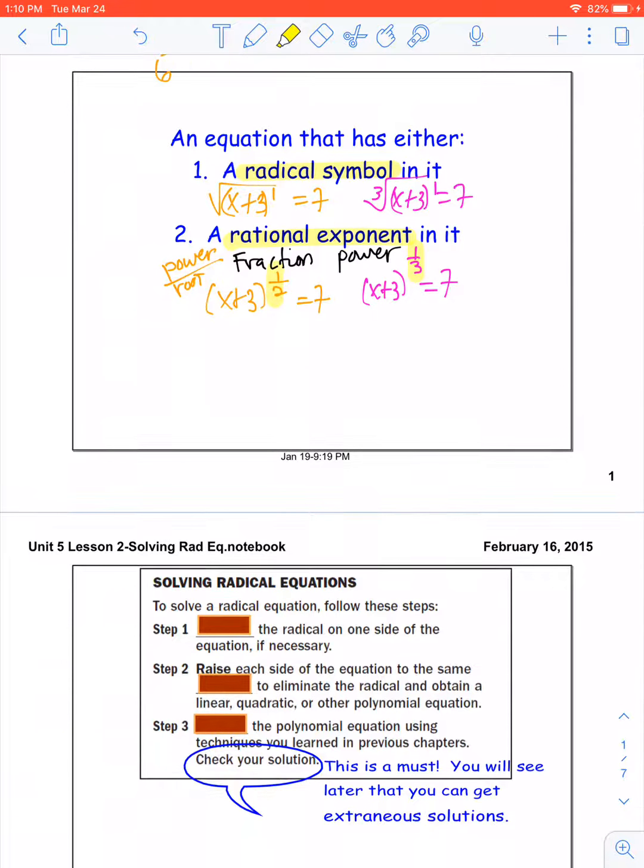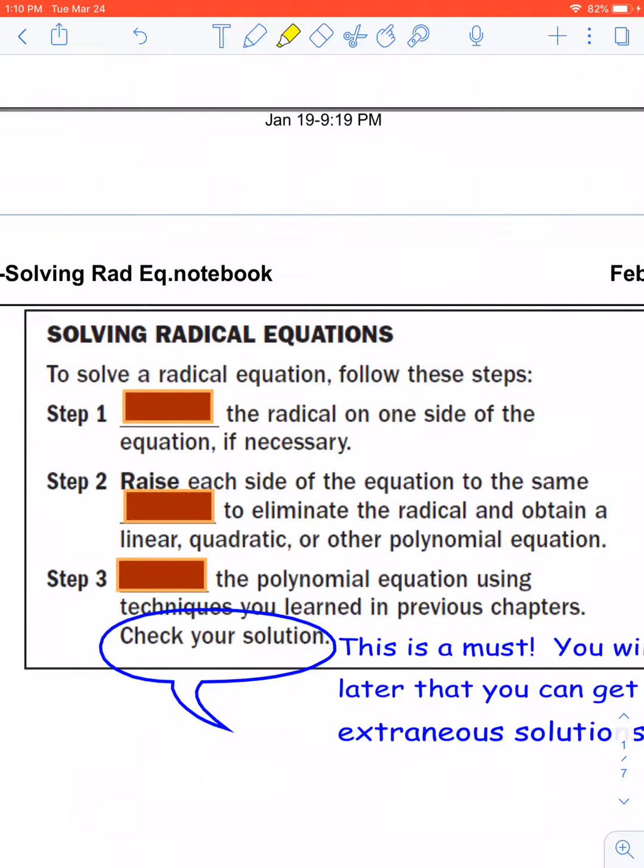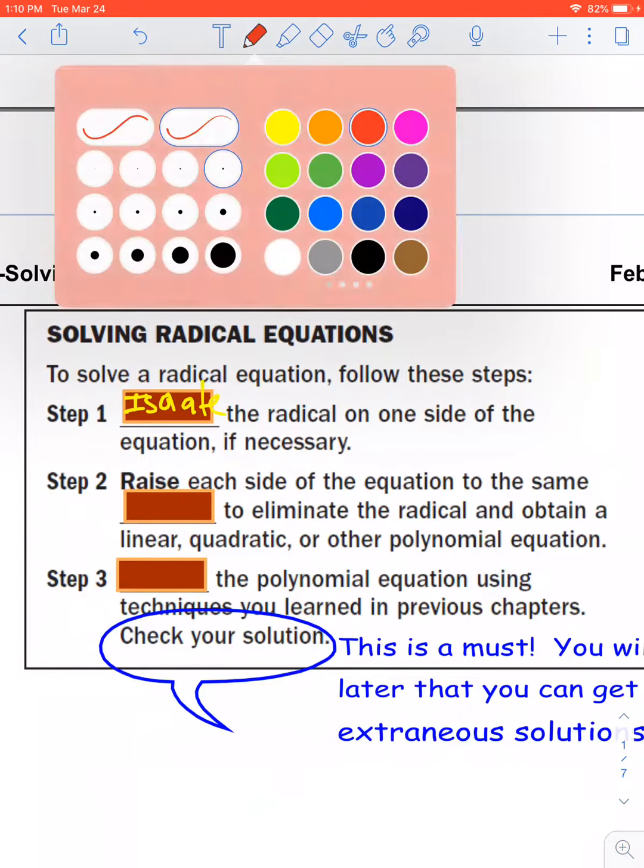The good news is I can give you a recipe. I can tell you how we are going to solve these every single time. So, step 1, we are going to isolate the radical on one side of the equation if necessary. You have done this in the past. When?